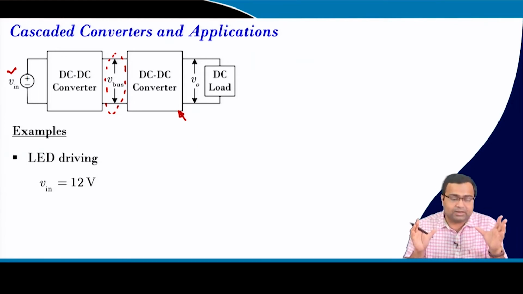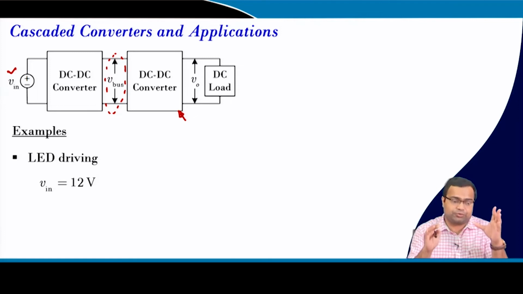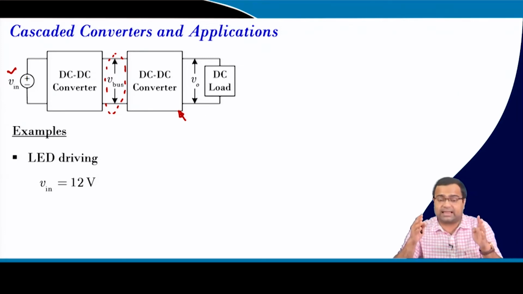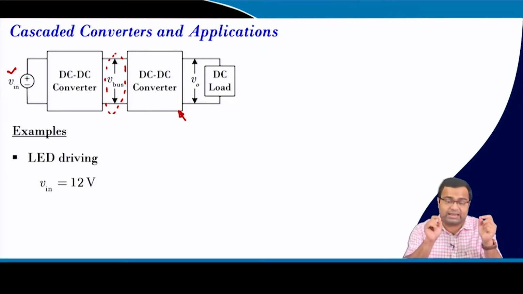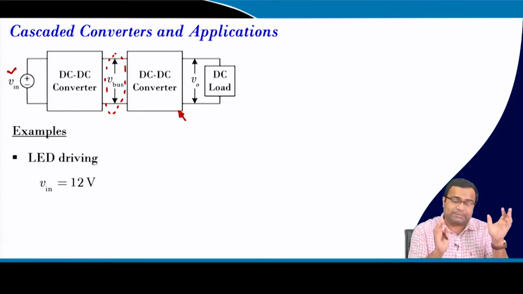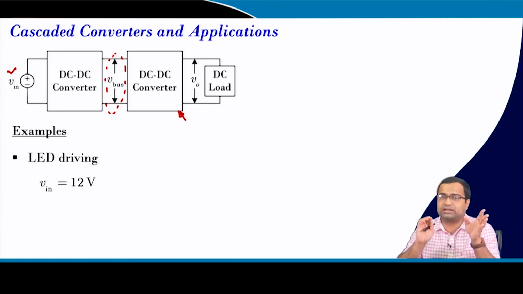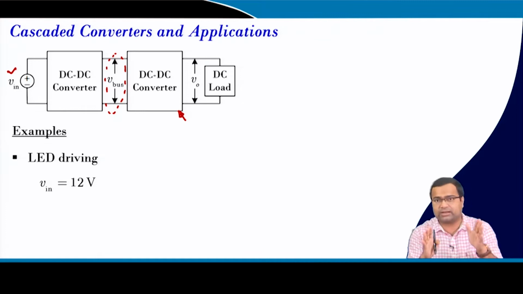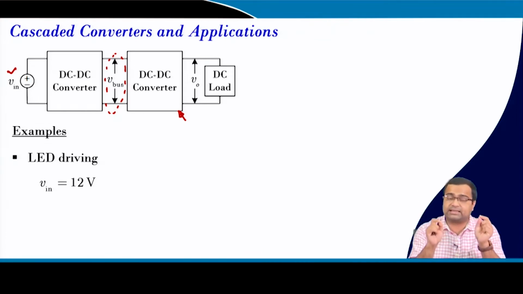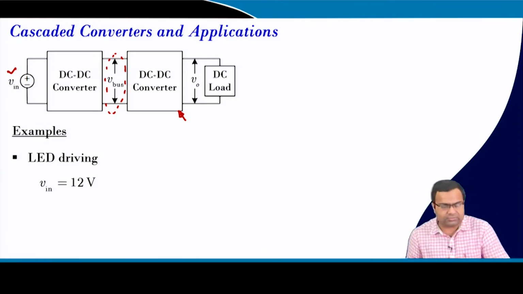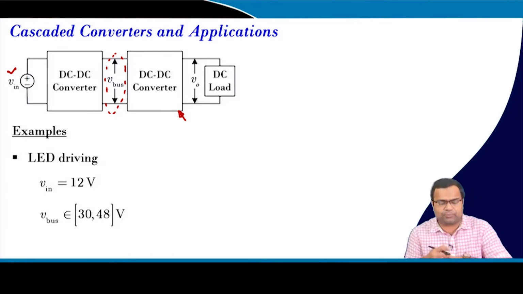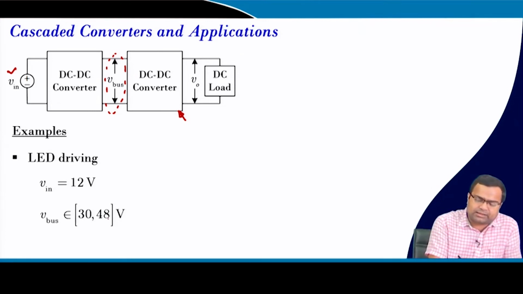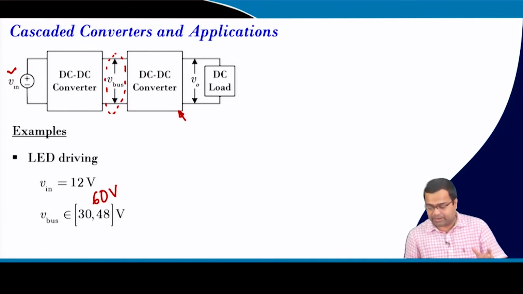Another thing is that we also need to ensure that the LED is like a constant current load. So, we need to maintain the current of the LED string. So, it is generally expected that the output should have a constant inductor. That means a DC-DC buck converter can be used, where it has the inductor at the output side. So, from 12 volt, the bus voltage can be even higher, instead of 30 to 48 volt, it can be even 60 volt or higher, the intermediate bus.